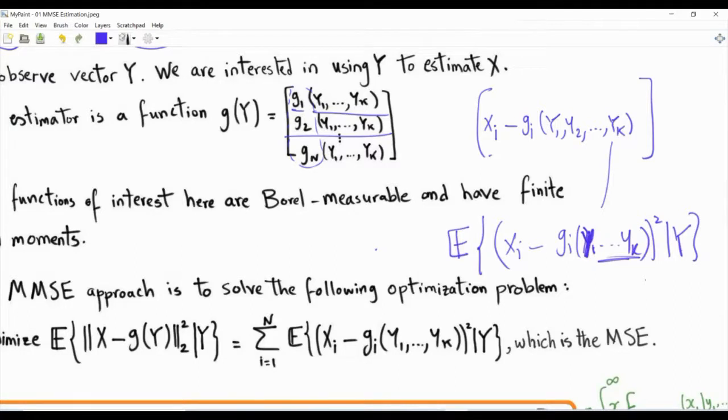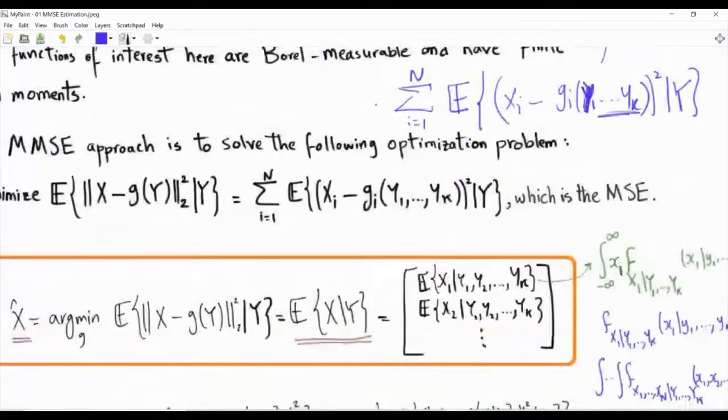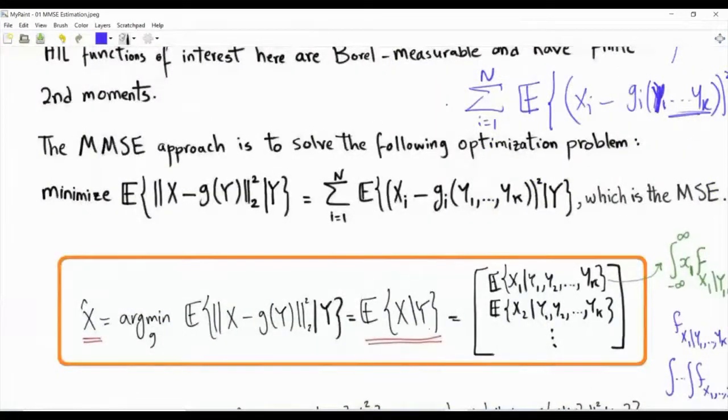Okay, mean squared error. Mean means that you apply expectation given y, given the observations, and we sum over all the components, i from 1 to big N. So this is the function to be minimized. And the solution is basically, here we will assume that every function or everything here has a finite second moment. The solution will be the expected value of vector x given y. So this is the solution.